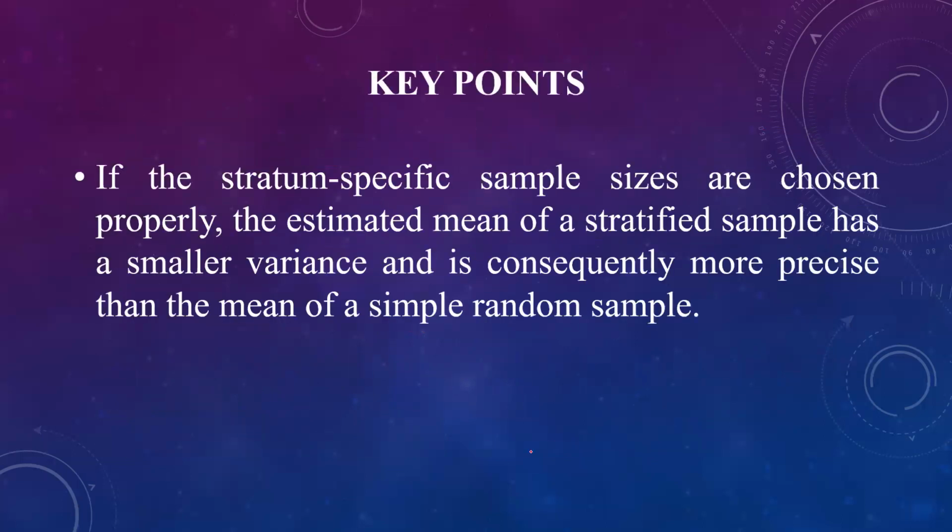If the stratum-specific sample sizes are chosen properly, the estimated mean of a stratified sample has a smaller variance and is consequently more precise than the mean of a simple random sample. So this is all about stratified random sampling.